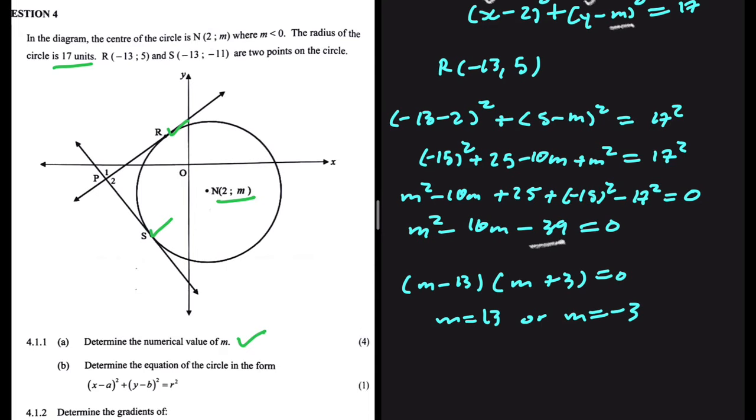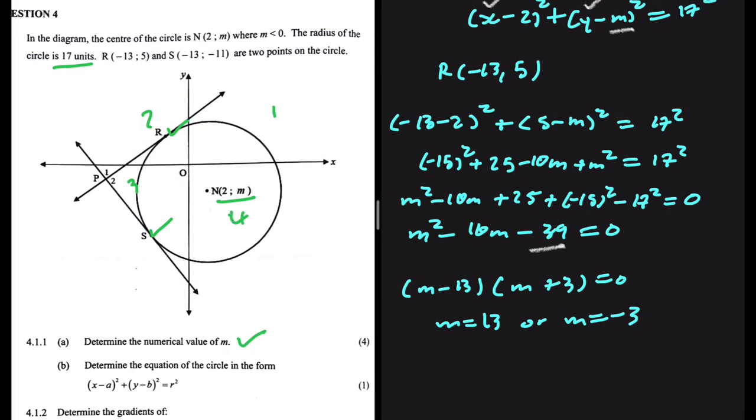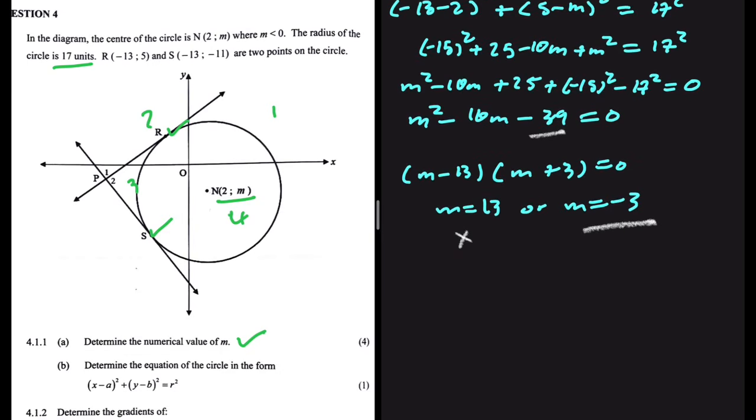Let's look at m and its position and see what makes sense. m is the y coordinate in the first, second, third, fourth. In the fourth quadrant, y is negative. So the answer we're going to take is that m is equals to minus 3. It is not equals to 13. Right, so that is the value of m.